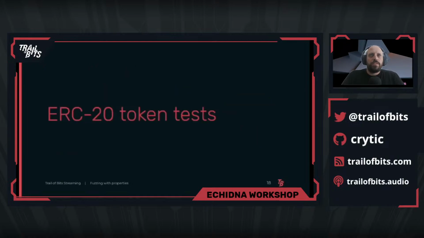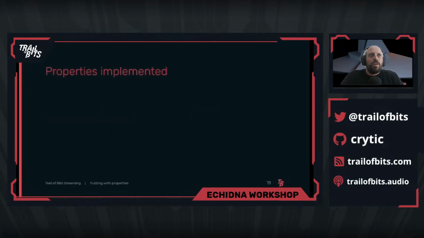So back to the ERC20 token. We implemented different properties and we categorized them in different sections so they are easier to implement and test your own contracts. First of all, we have the basic properties that test compliance to the standard, the ERC20 standard.